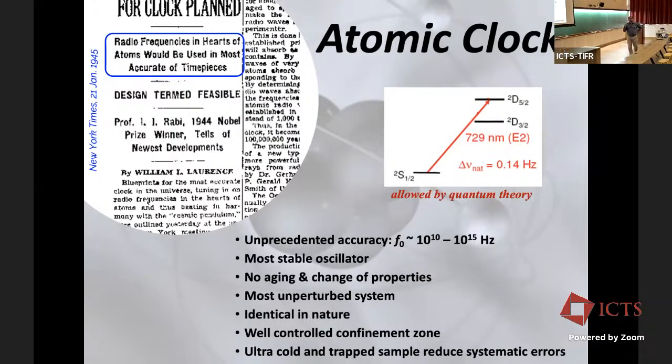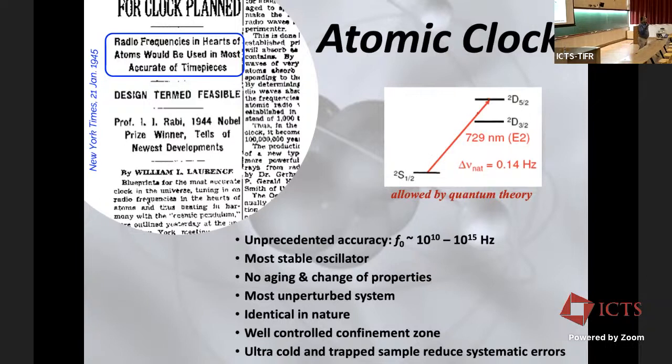If you can choose a system which has very little perturbation from external fields. What do I mean by that? Let's say these are the two energy states, and we can choose some particular transitions which are associated with states which are least perturbed, and these perturbations are, for example, black body radiation shift.